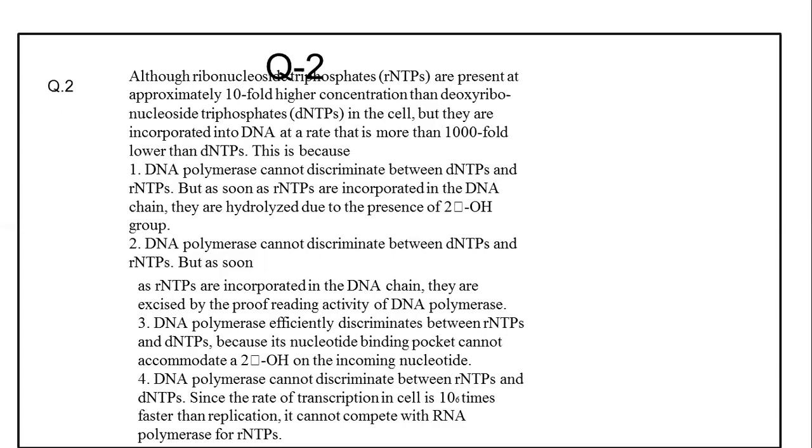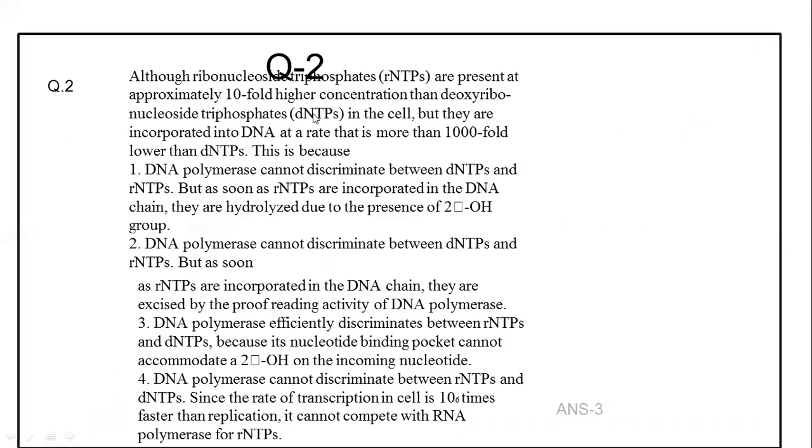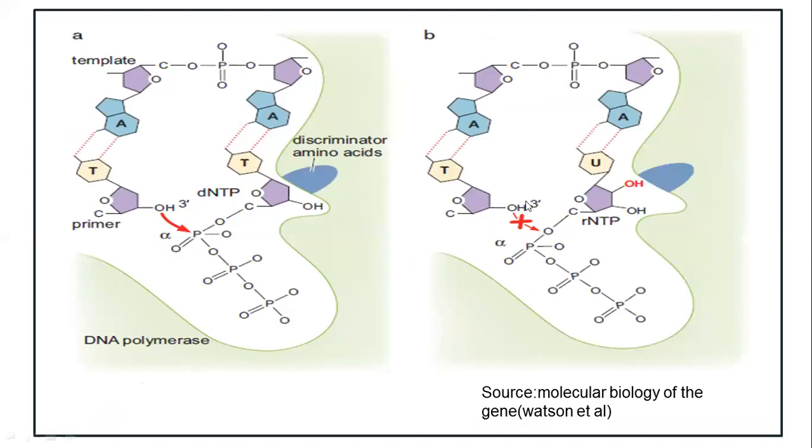Now why does this happen? It is because of a discrimination property. DNA polymerase has a distinguishing active site in its polymerase site, so it can distinguish between the DNTPs and RNTPs, right?